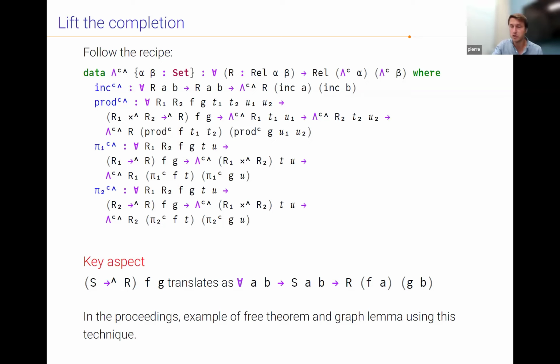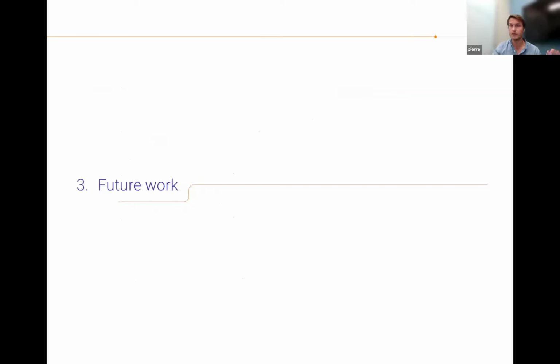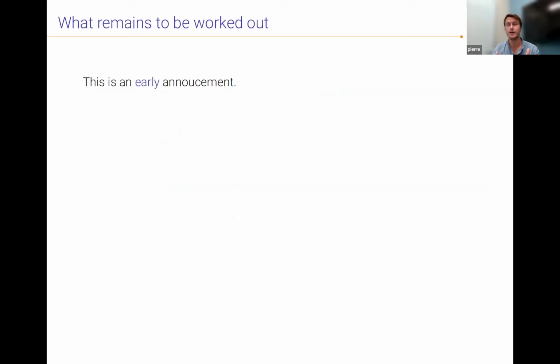Okay, well, good. You could tell me, well, you have a technique, it seems to meet your goals about free theorems and graph lemmas. Where is the catch? Why is that an early announcement and not a fully worked out result? Well, it's because here I just presented you the idea, but if I want to do something rigorous, that's how it would go.